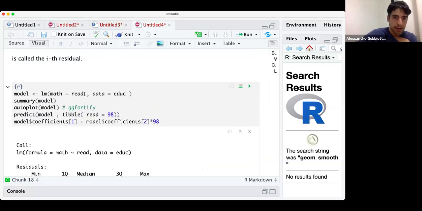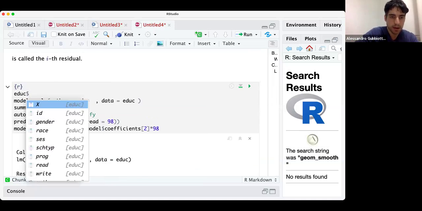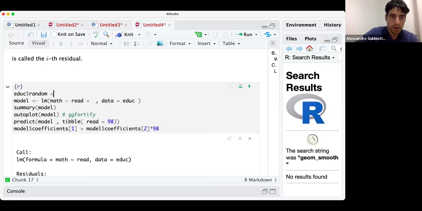So actually I can add to the data another variable like random, a random variable totally independent from the others, educ read, and I can add this random as a predictor. Let's try to see what I get.